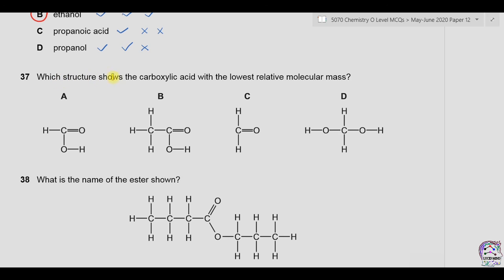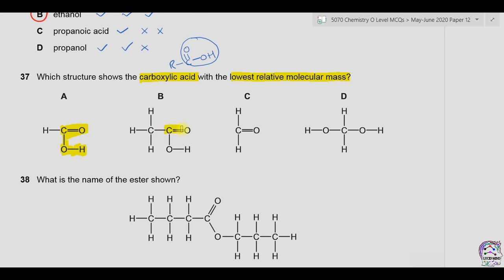Question 37. Which structure shows the carboxylic acid with the lowest relative molecular mass? The functional group of carboxylic acid is RC double bond O OH. So if COOH is present, it means it is carboxylic acid. Now let's see, in A we have C double bond O OH. This is carboxylic acid.